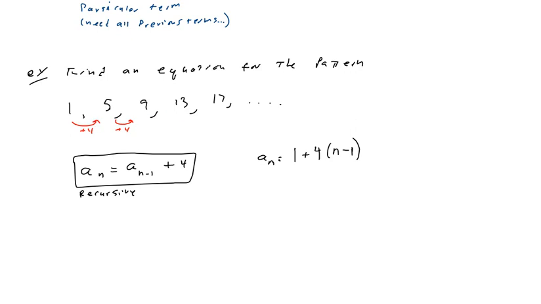I have my starting number. In the second number, I add 4 once. In the next number, I add 4 2 times. The fourth number, I add 4 3 times. So n minus 1 is a little tricky to find this explicit formula. We'll talk about how to do this more precisely later. This is an explicit formula.